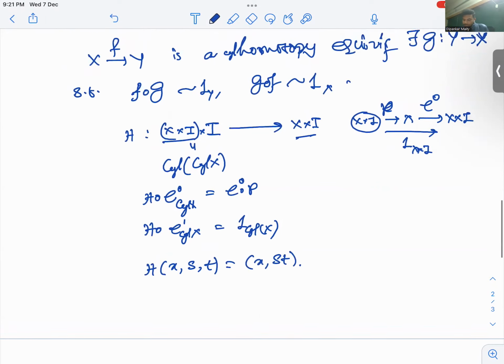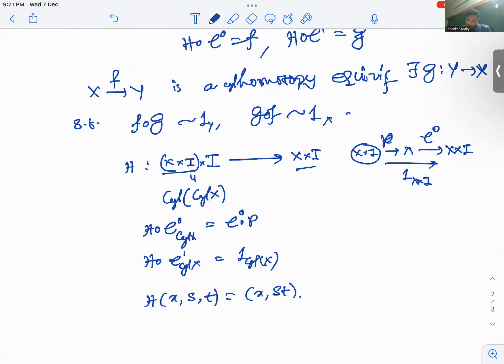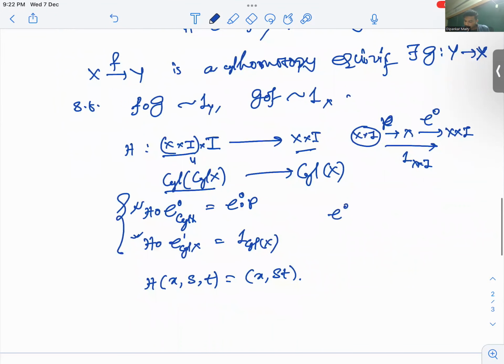Therefore, to define a contractible cylinder in an arbitrary category with a cylinder structure, we should say that it's a cylinder structure such that there is a map from the cylinder of X to the cylinder of X such that these two conditions hold, that is, E0 and P are homotopic.